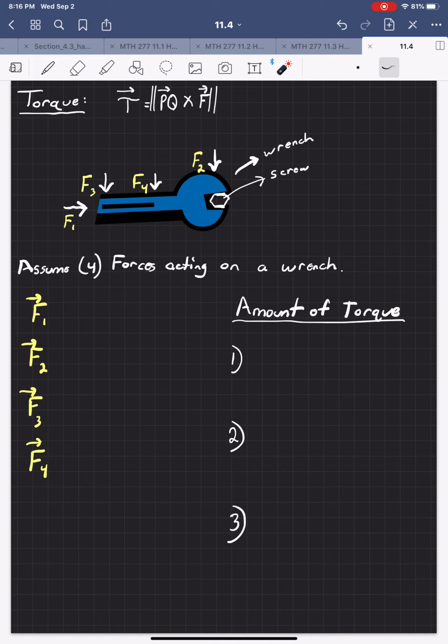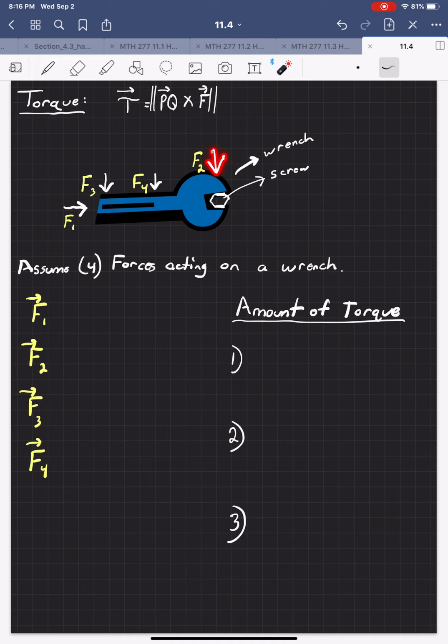So let's state the obvious. You can apply as much force as you want on this screw, but if your force is in this direction, my sincere apologies, but you're never going to get that screw off. Same way here, if you were to apply all of it here.